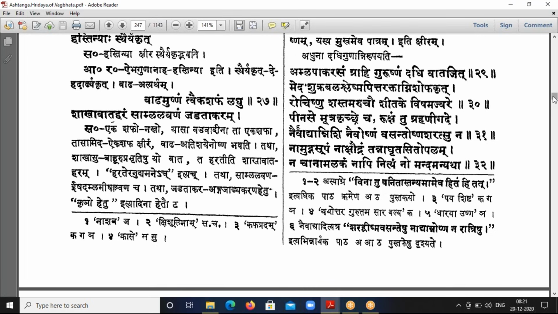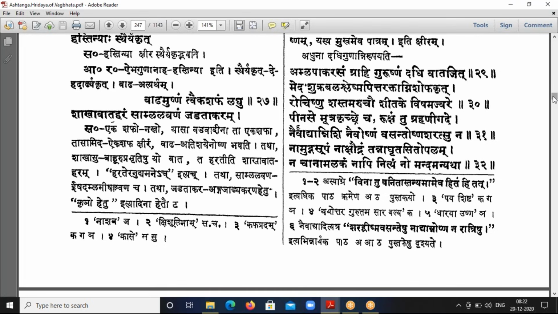That doesn't mean that dadhi should never be subjected to heating. It is not like that. You are not supposed to consume dadhi when it is hot. You can heat dadhi, no problem.